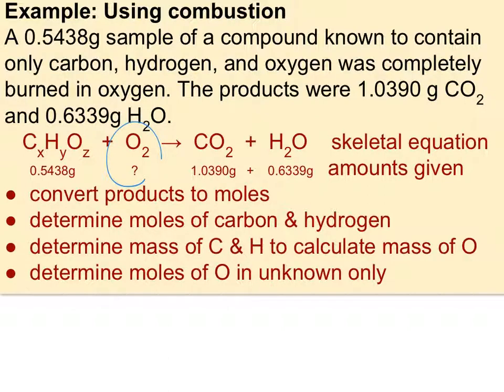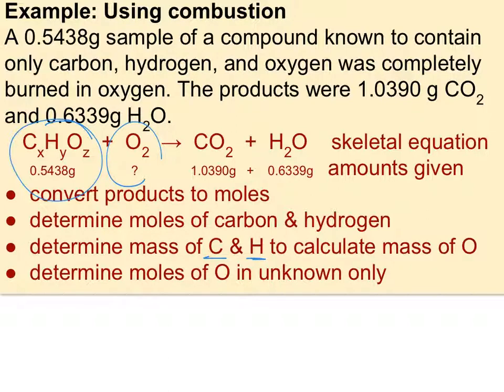Well, to get the moles of everything, I can first convert the products to moles, for CO2 and H2O. Then I can use my molar ratios to figure out how many moles of carbon and hydrogen that actually represents. And then I can find out how much oxygen there is, because if I know how many grams of carbon and hydrogen I have, I can add those up and subtract them from my original compound, and whatever wasn't carbon and hydrogen has to be the oxygen.